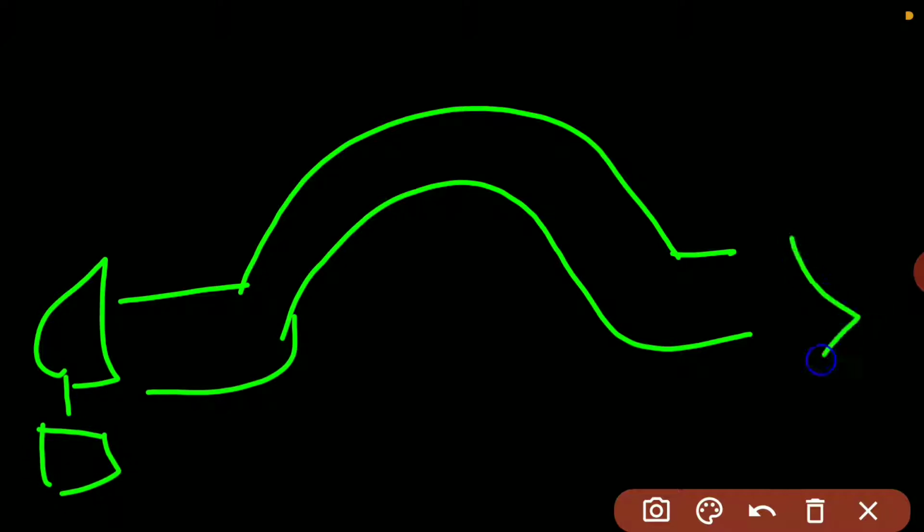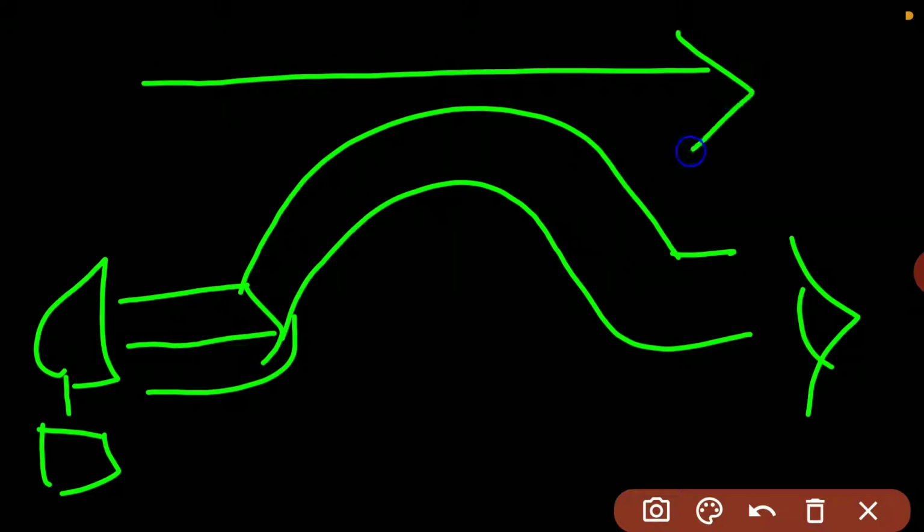Will you be able to see from here? I don't think so, because the light coming out of the candle gets obstructed by the pipe. So this proves that light travels in a straight line. This is all about rectilinear propagation of light.